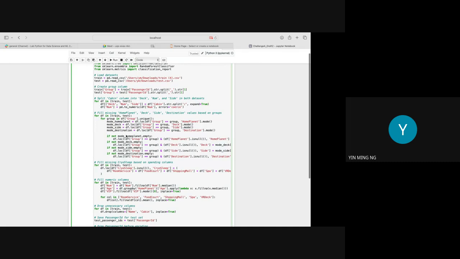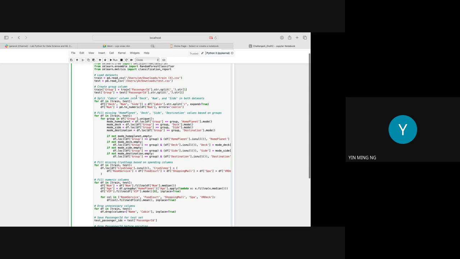So basically for this data set, there are quite a lot of missing values and we have to do quite a bit of data cleaning. For example, the passenger ID is made up of a group and the passenger number. We can make use of this group number to fill in some of the missing values, such as the home planet, because people in the same group should come from the same home planet and should have the same destination.